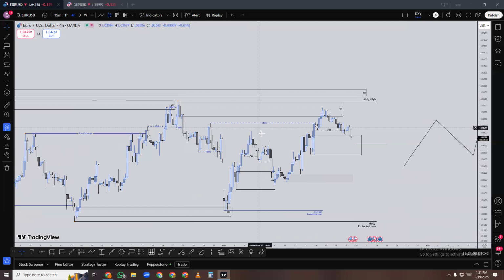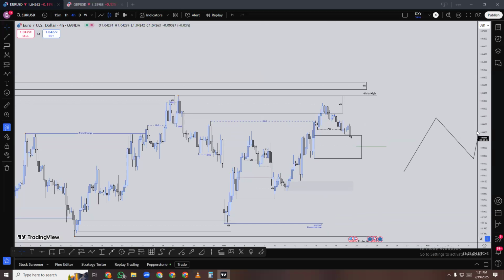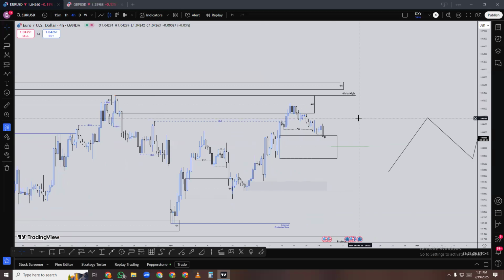Now, what tells me that the internal pullback has begun? It would be a change in the fractal structure trend. I know it may be a bit confusing, but that is how I use these structures. And right now, I'm getting that confirmation that the internal trend pullback has begun by simply looking at the fractal structure.